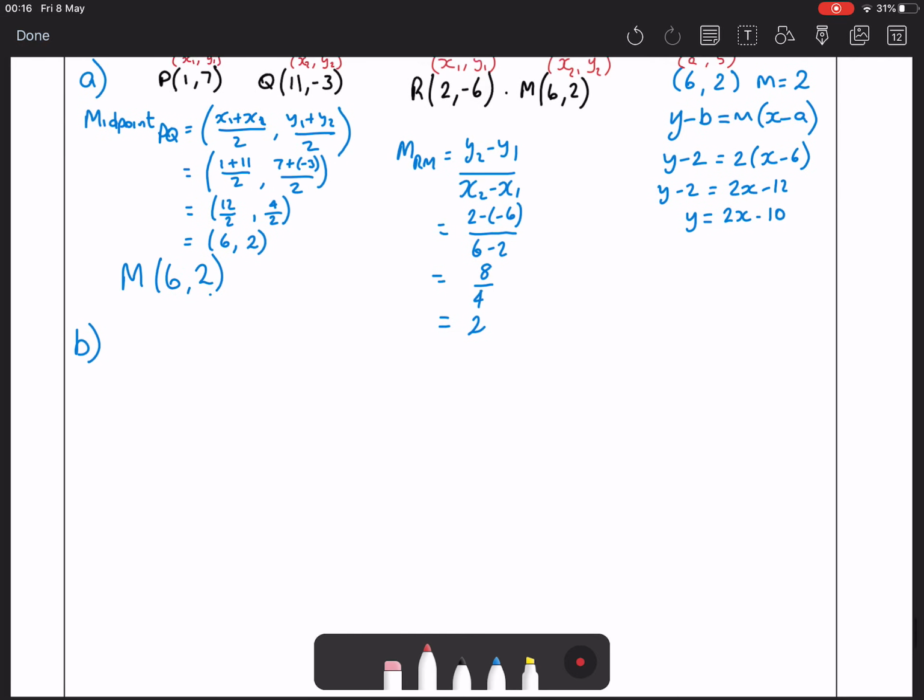So again, thinking it's an equation of a straight line, so y minus b equals m(x minus a), where I need a point and I need a gradient.